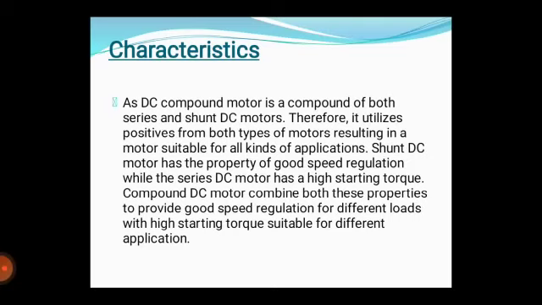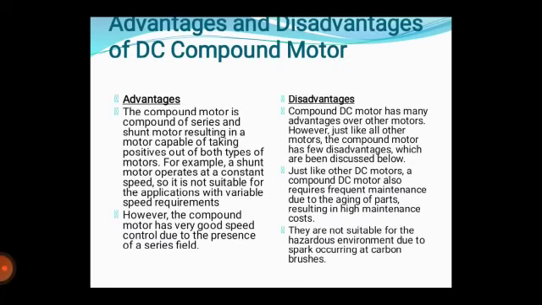Shunt DC motors have the property of good speed regulation, while series DC motors have high starting torque. Compound motors combine both these properties to provide good speed regulation for different loads with high starting torque, suitable for different applications.